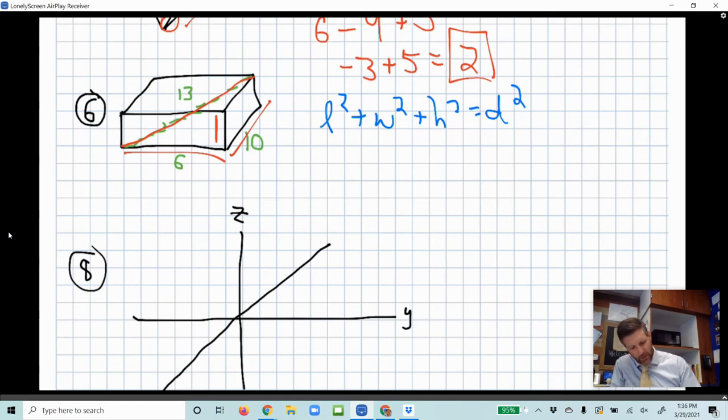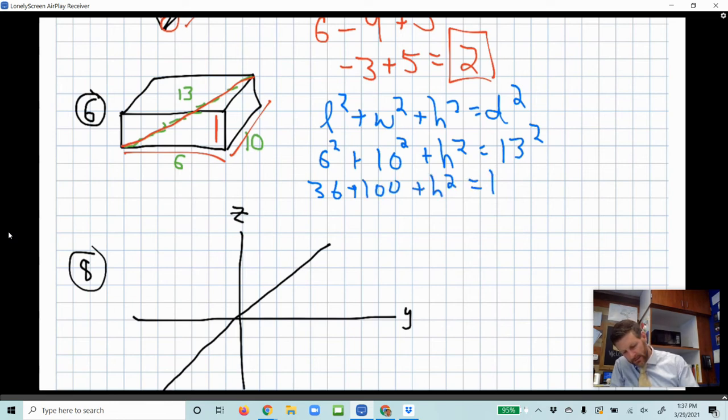Okay? And so what we know is we know the length is 6 squared plus 10 squared. Now we don't know the height squared, so don't put 13 there. That's our unknown variable. We know that the diagonal is 13 squared. So we get 36 plus 100 plus the unknown height squared equals 169. If we subtract 36 and 100, we get height squared equals 33.